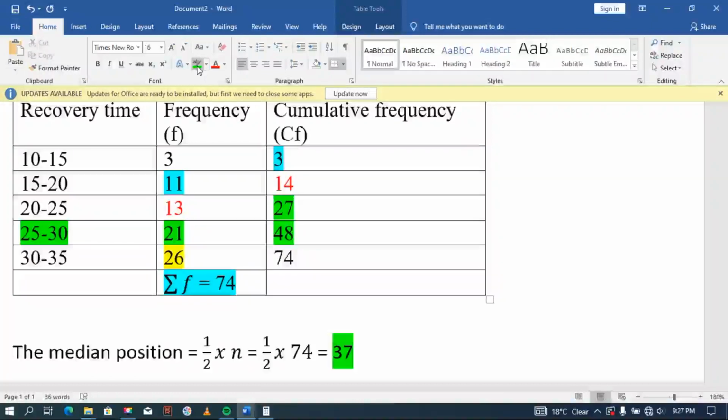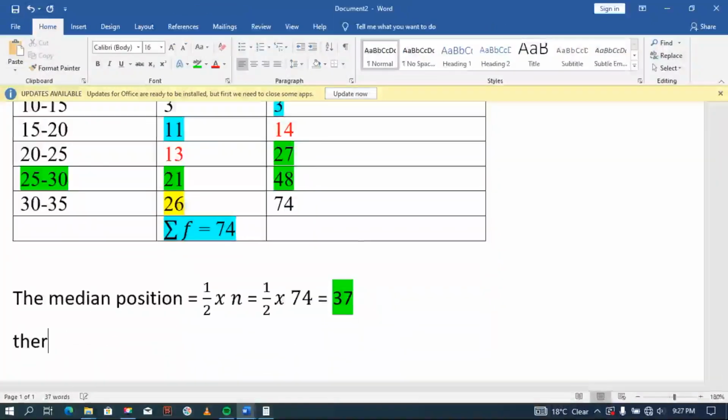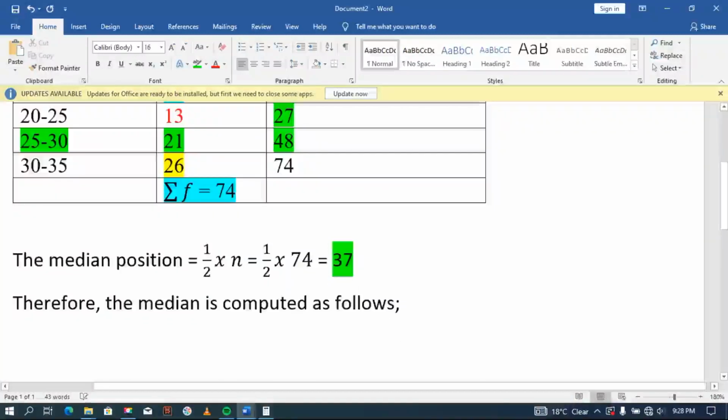Now we are able to calculate our median value. So the median is computed as follows. Let's find our formula.